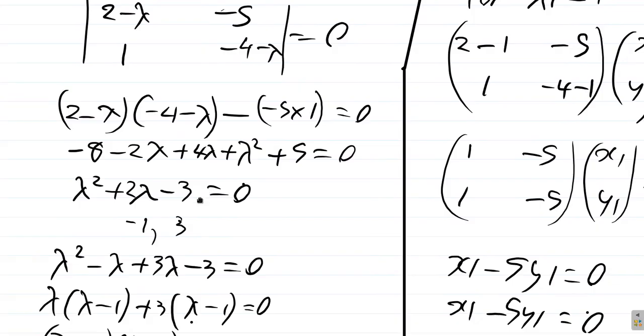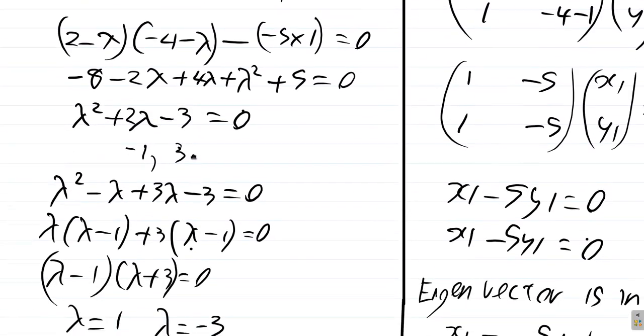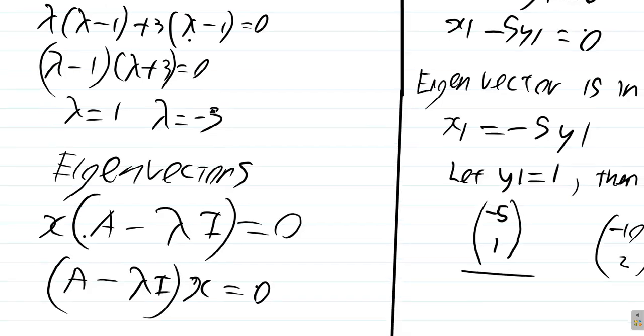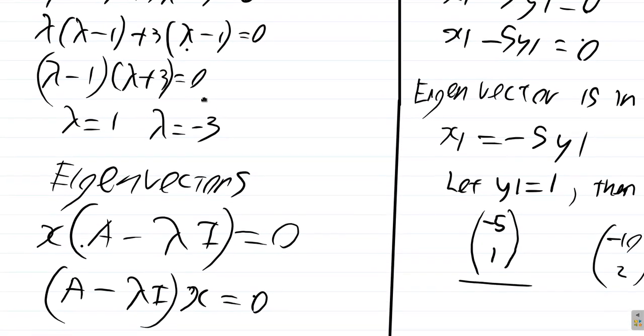We calculate the determinant and solve, and when we solve, we get the eigenvalues to be 1 and negative 3. And then we use A minus lambda I times x, where x is the eigenvector, and substitute the eigenvalues one at a time.